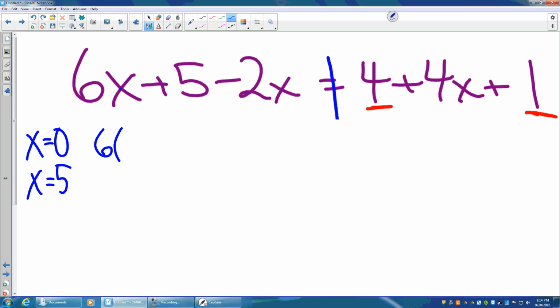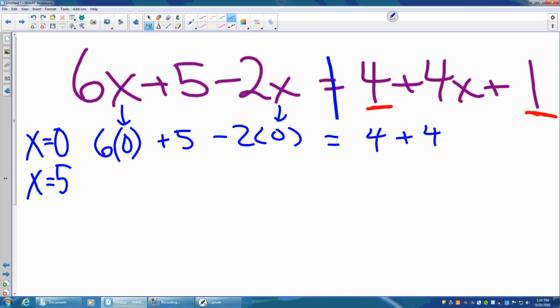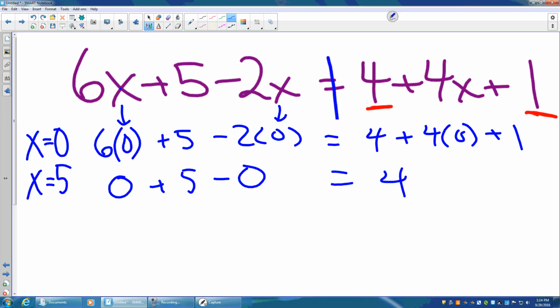So I'm going to go 6 parentheses 0 plus 5 minus 2 parentheses 0, because of that right there and that right there. Same thing on this side, 4 plus 4 parentheses 0 plus 1. So this says 0 plus 5 minus 0 is equal to 4 plus 0 plus 1.